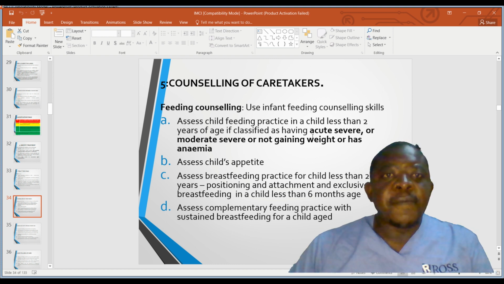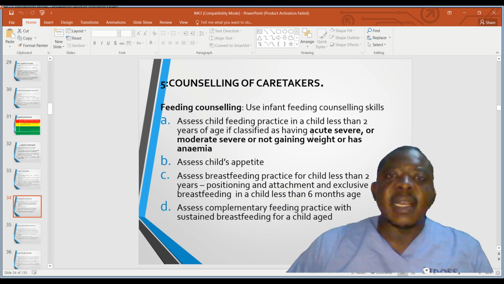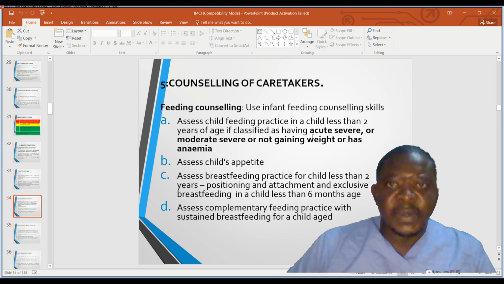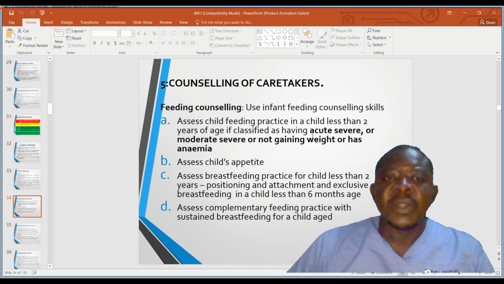Step 5 of the IMCI process is counseling of caretakers. Counseling can be on feeding. Use infant feeding counseling skills and assess the child's feeding practice in a child less than 2 years of age if classified as having acute severe or moderate severe malnutrition, or not gaining weight, or has anemia. Then B, you can assess the child's appetite.